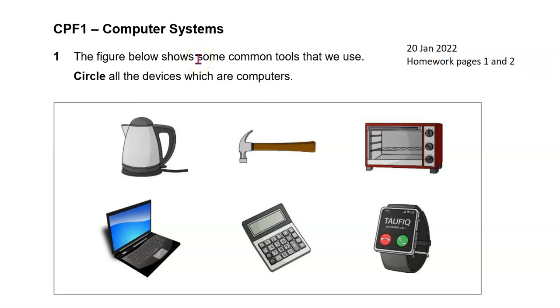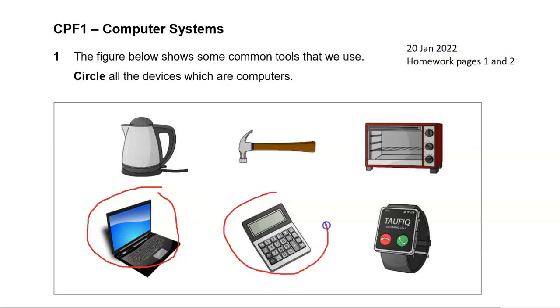A computer should allow input, process calculations and instructions, and then output. Hopefully it will have a screen to show you the output. So I would say that the answers would be: a laptop will be a computer, a calculator will also be considered a computer, and a smartwatch.